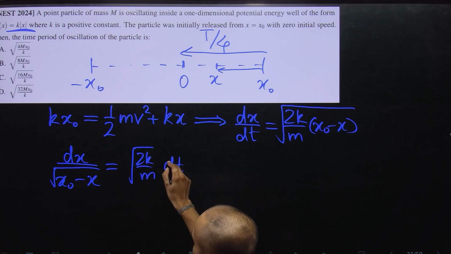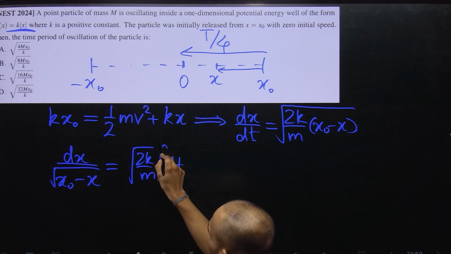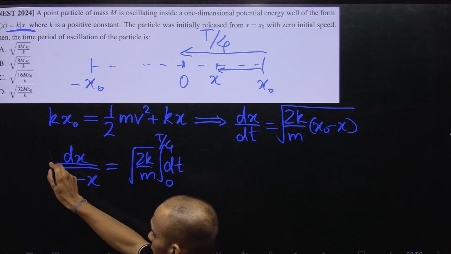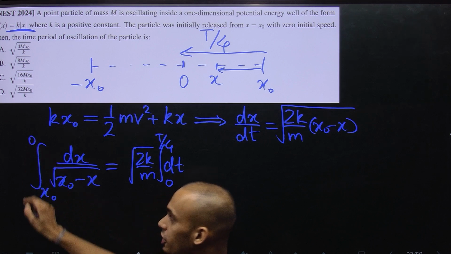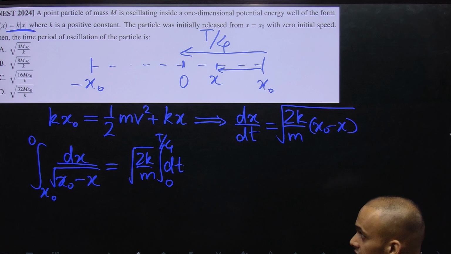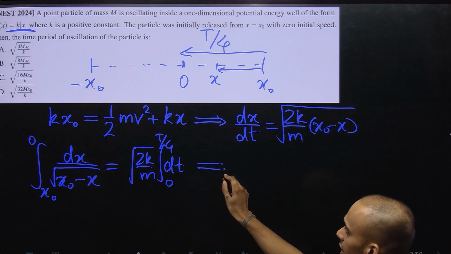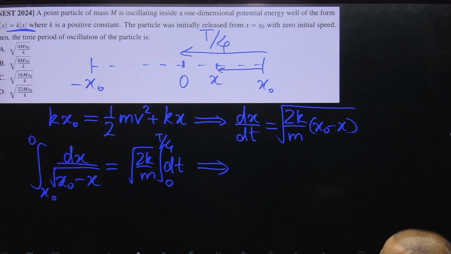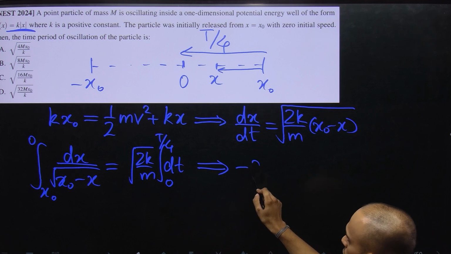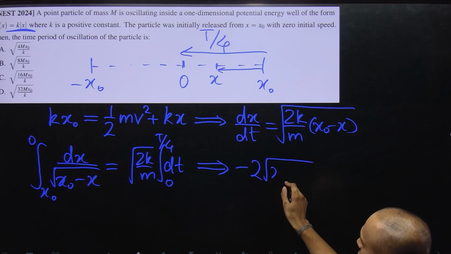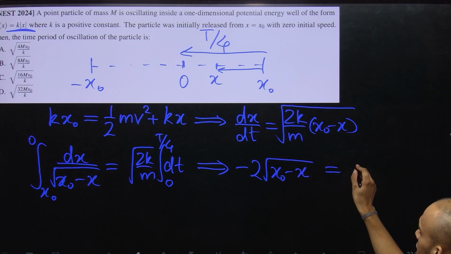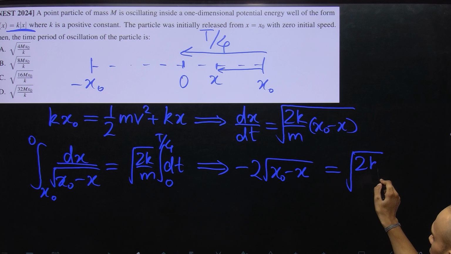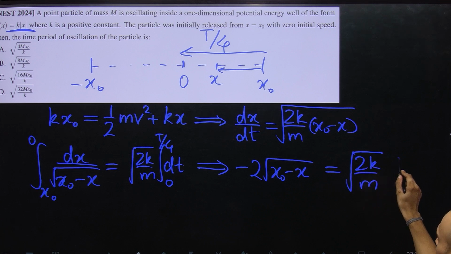Now, integrating from the limits 0 to time period by 4, we can integrate x from x naught, which is the initial position, to 0, which is the final position. And this integral comes out to be minus of 2 under root x naught minus x. And on the RHS, the integral comes out to be under root 2k over m into simply T by 4.